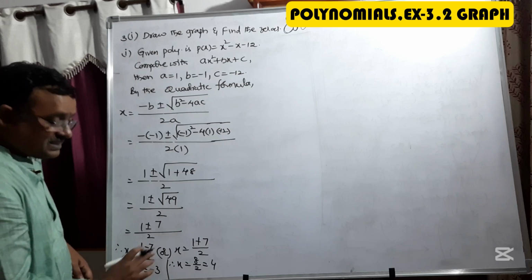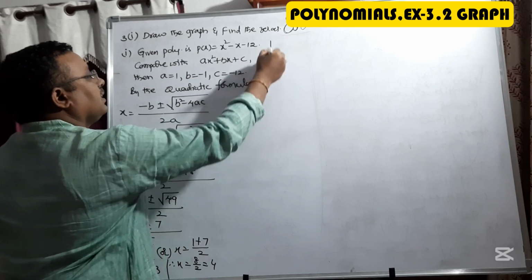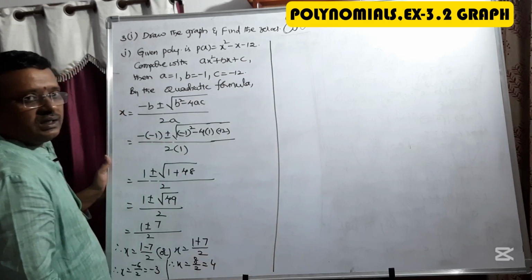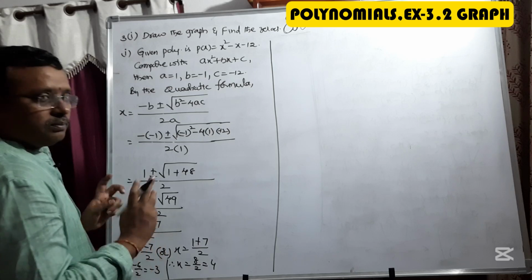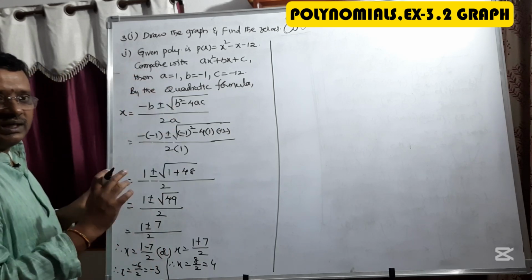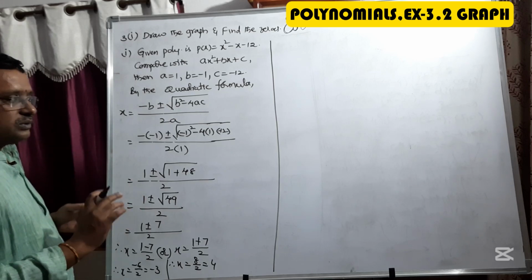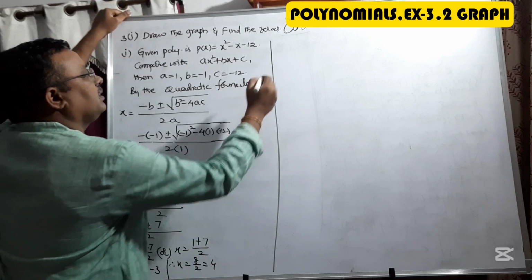Here this helps us for preparing a table for the quadratic polynomial to find out its parabolic shape, because we need a table to get the points to plot in the graph. So, how to prepare the table?